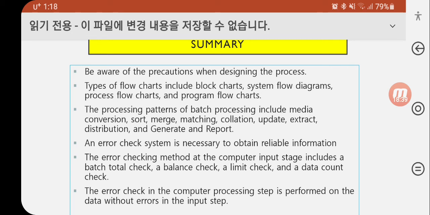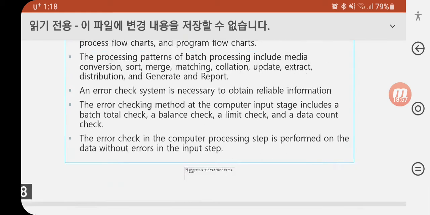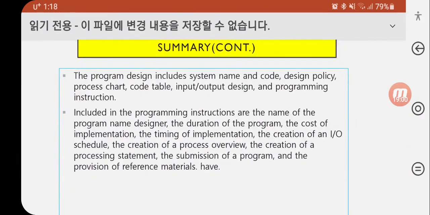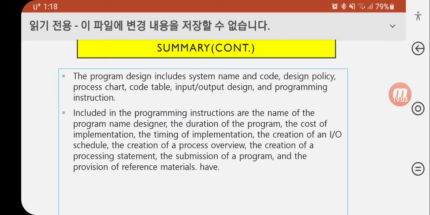The error checking method at the computer input stage includes a batch total check, a balance check, a limit check, and data count check. The error check in the computer processing step is performed on the data without errors in the input steps. The program design includes system name and code design, policy, process chart, code table, input-output design, and programming instructions.